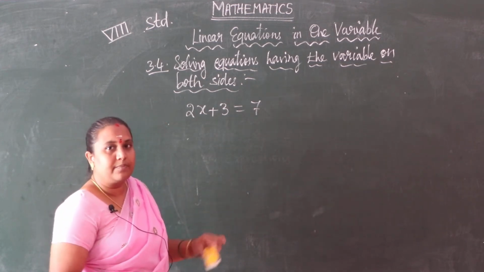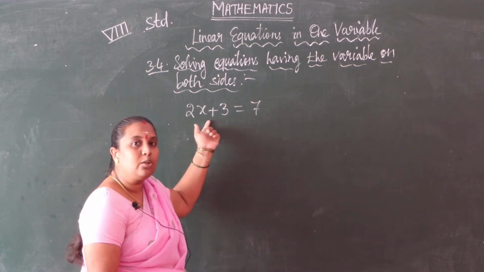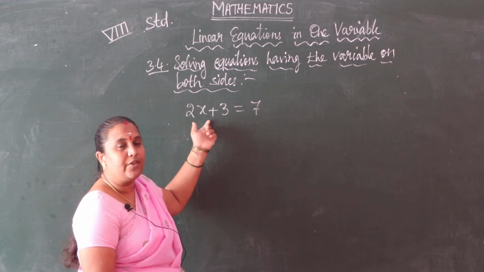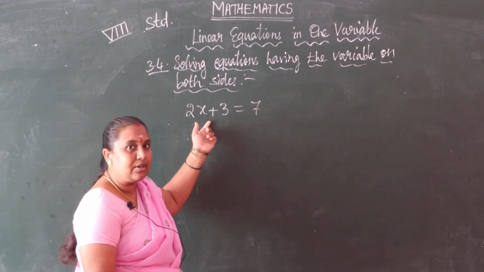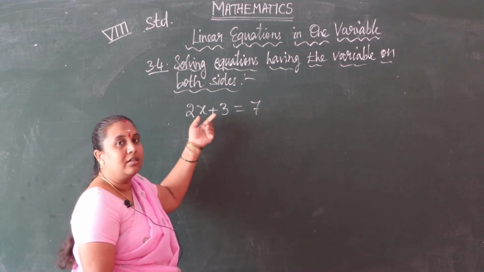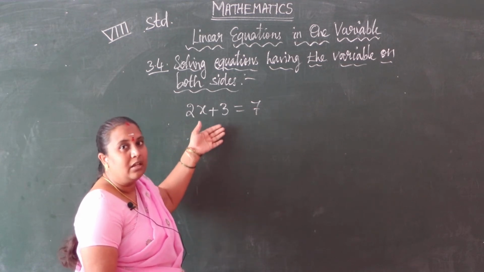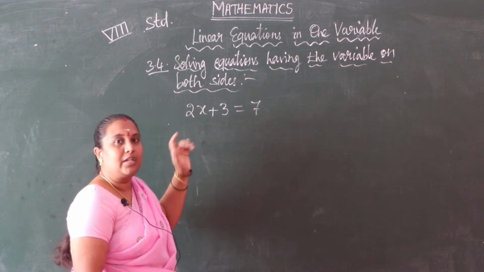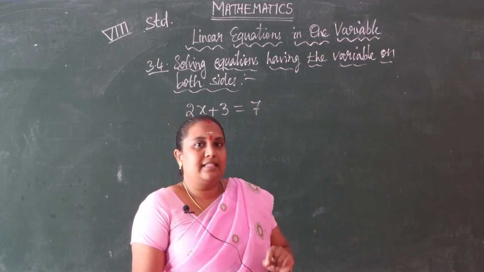Now, how to solve this? We have a variable x. We want to find out the value of this variable, which means we solve this equation. An equation has the equality sign.